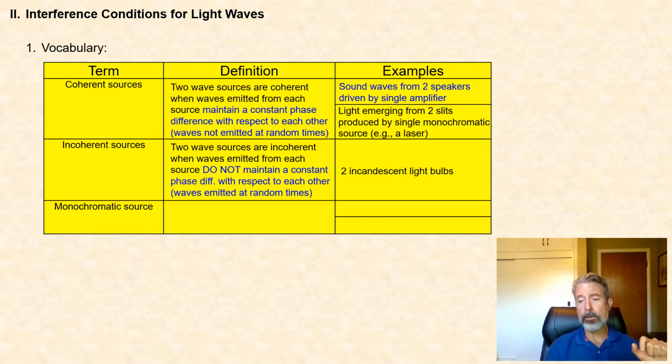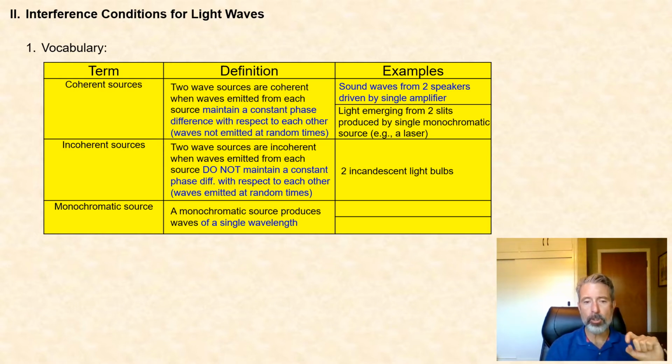When we talk about a monochromatic light source, we're talking about a source that produces a single wavelength of light. The most common example here for light is that of a laser. We can also create a monochromatic source by taking light of many wavelengths and then filtering it.